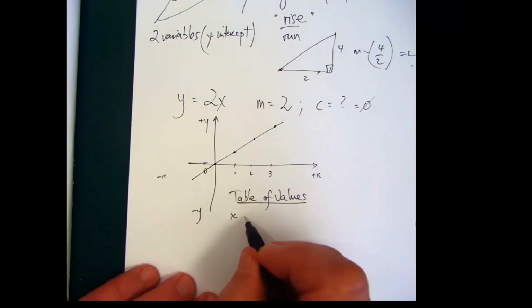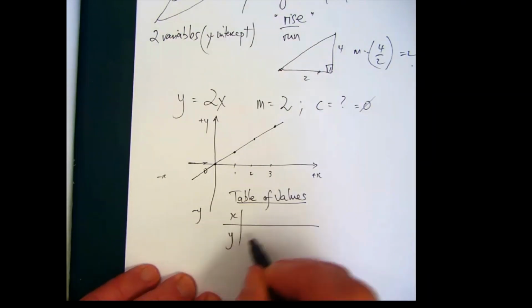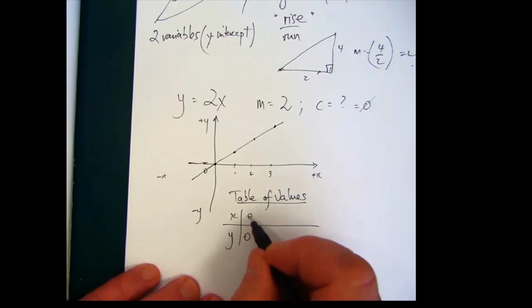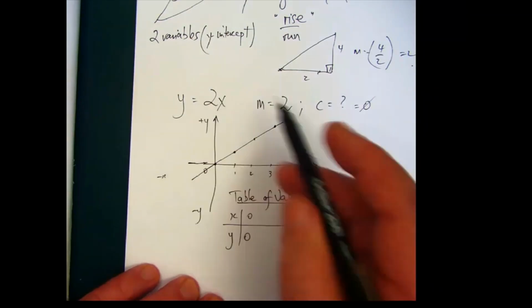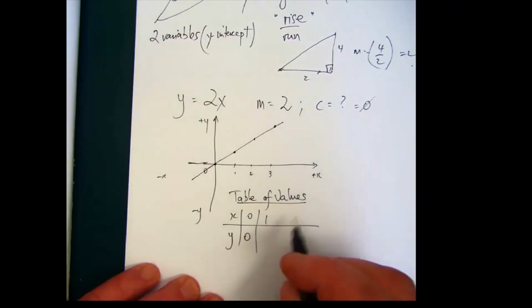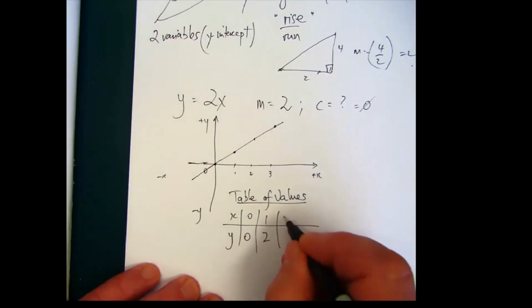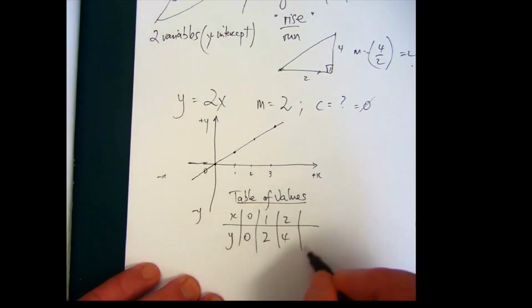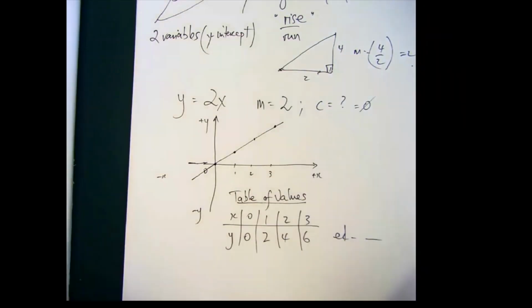When x is 0, y is 0. I put 0 into the formula, 2 noughts are nothing. When I put 1 in there, 2 ones are 2. I put 2 in there, 2 2s are 4, and 3, 6, etc. So this is very simple.